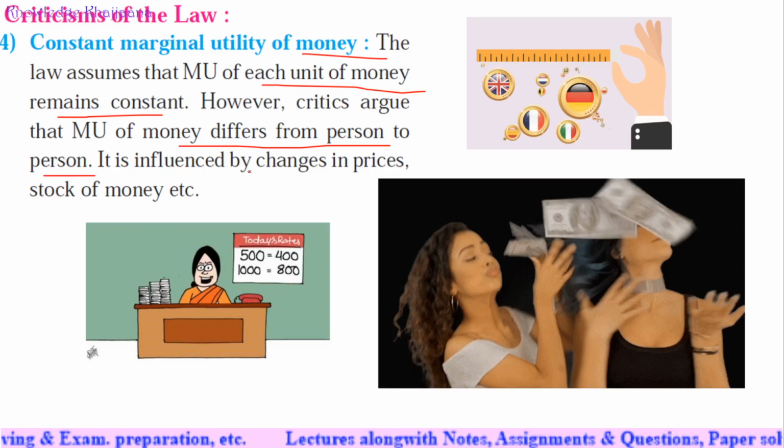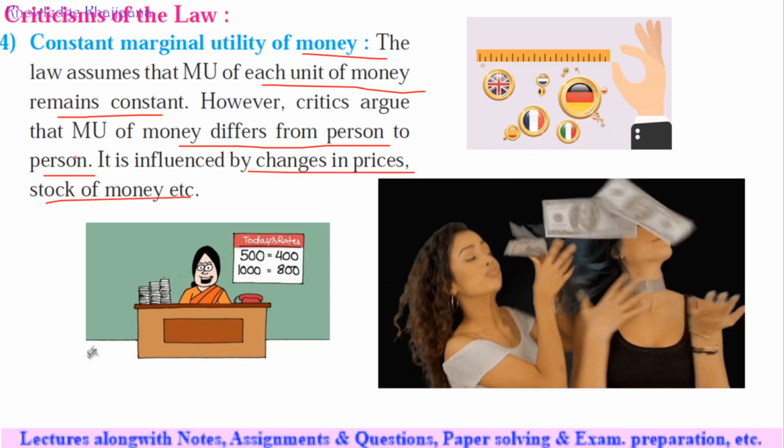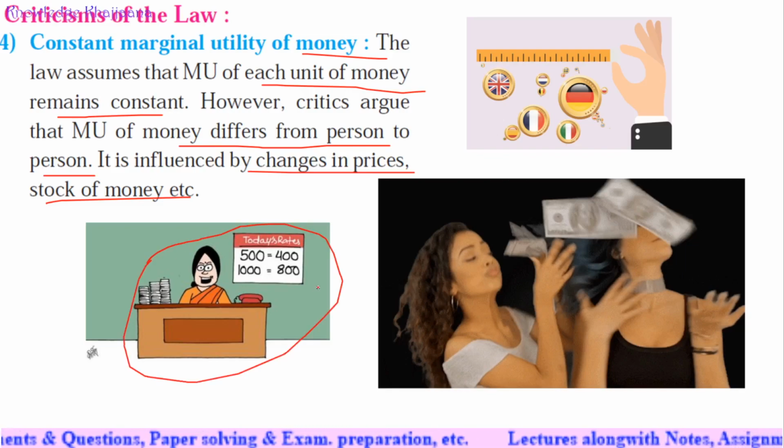It is influenced by changes in prices, stock of money, etc. It changes as per the changes in prices or in the stock of money, because today's rate may be 400 in one country and maybe 800 in another country. So it depends on the stock of money and changes in prices, or it can differ from person to person.